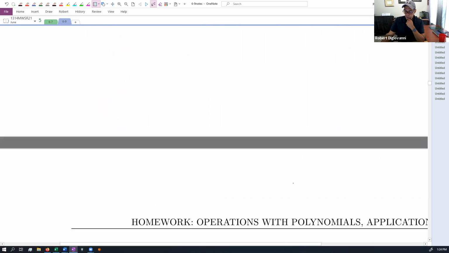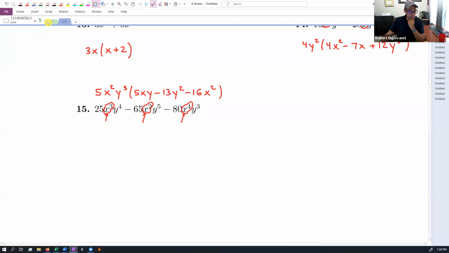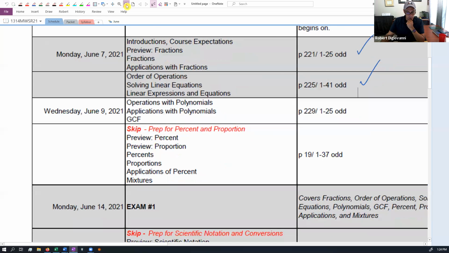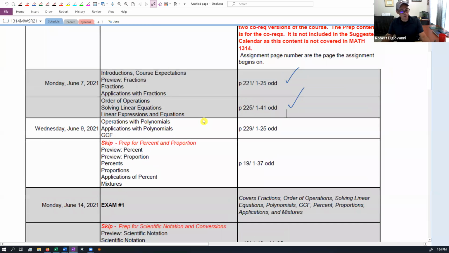Okay, we have more to do, but according to our calendar, I knew we'd be a little bit behind. What you should be able to do now with homework is these 3 sections here. We were supposed to cover all of this today, but like I said, I'm taking my time. So that means we are going to have our first exam on Monday.